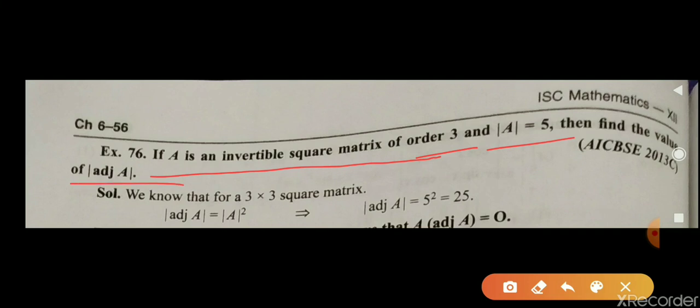Determinant of adjoint A equals determinant of A to the power one less than the order, because A is of order 3. So determinant of adjoint A equals determinant of A square. Determinant of A is given 5, so 5 square is 25. Like this you can find.